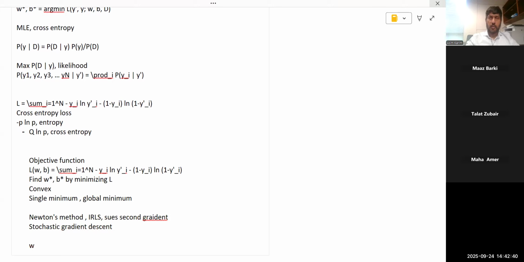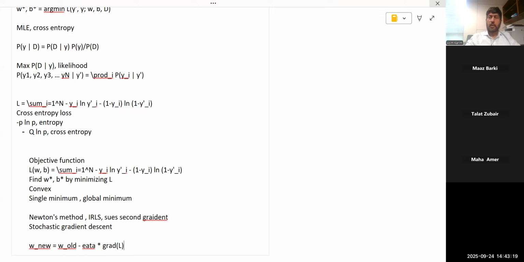So let me just use W here. So it's an iterative process. So let me write one step. W new is equal to W old in the old step minus, there is a scalar parameter which we call eta, multiplied by the gradient of L. ठीक है.